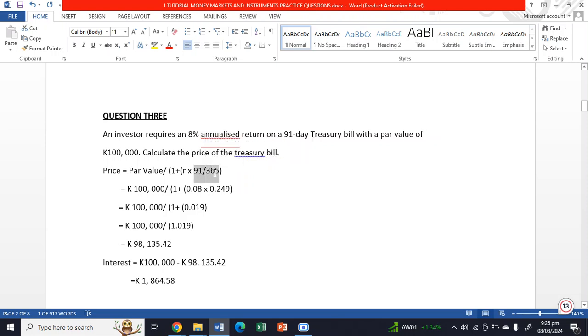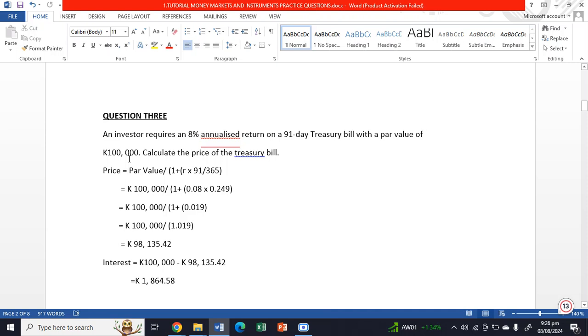So you say 91 over 365, you get 0.249. This 0.249 multiplied by 0.08, you get 0.019. 1 plus 0.019, you get 1.019. So to get the price of the treasury bill, you just say 100,000 divided by 1.019, and you get 98,135.42.